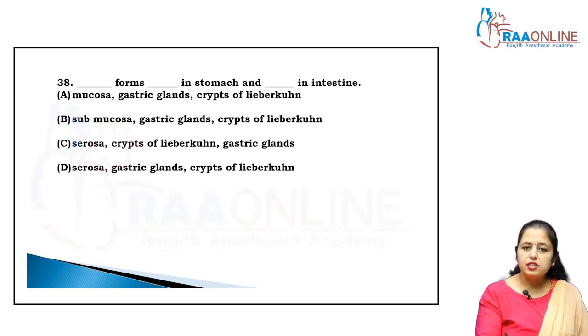Right? Come to the next question, that is 38. Dash forms dash in stomach and dash in the intestine, right? When we read the question, we didn't recognize what they actually want, but when we read the options: mucosa forms the gastric glands in stomach and crypts of liver, colon and intestine; submucosa forms the gastric glands in stomach and crypts; serosa forms the gastric glands in stomach and crypts.